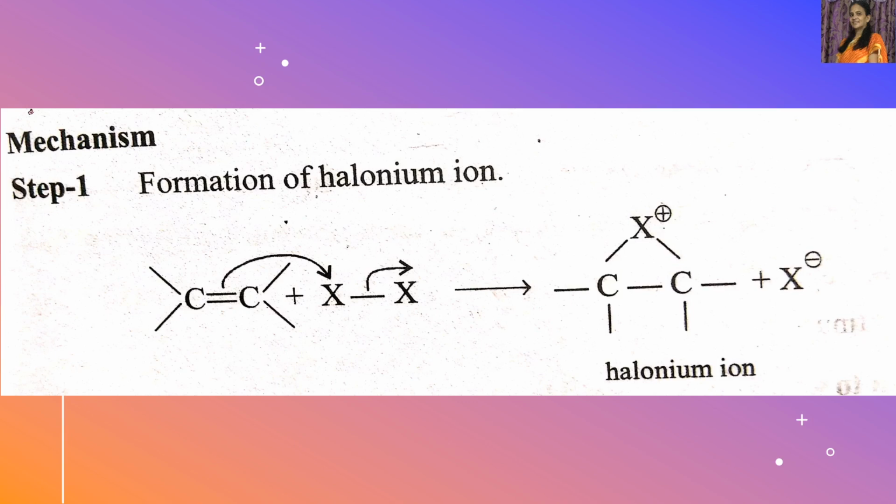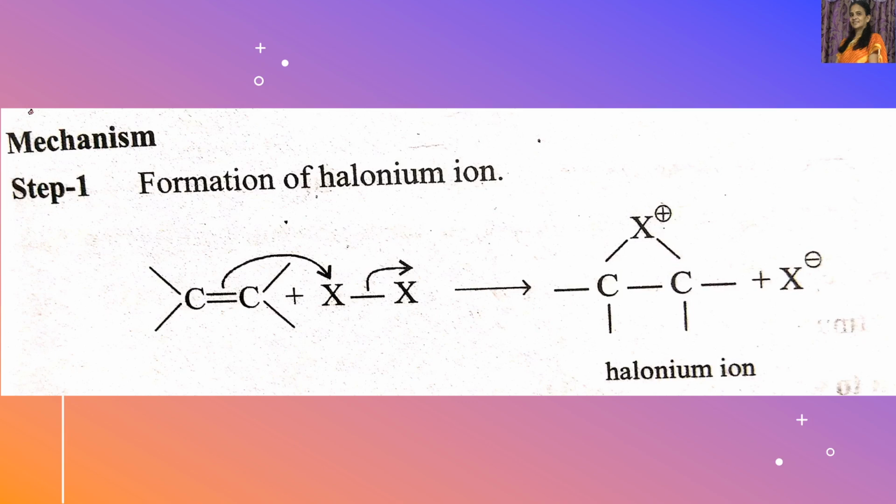Then we can see this, a cyclic halonium ion, a three-membered ring is formed. Halonium ion is produced as an intermediate and this X minus is coming out. This X along with this pair of electrons in the form of X minus comes out.